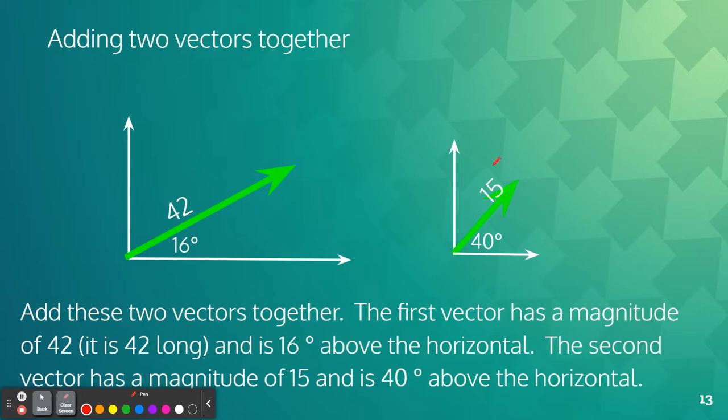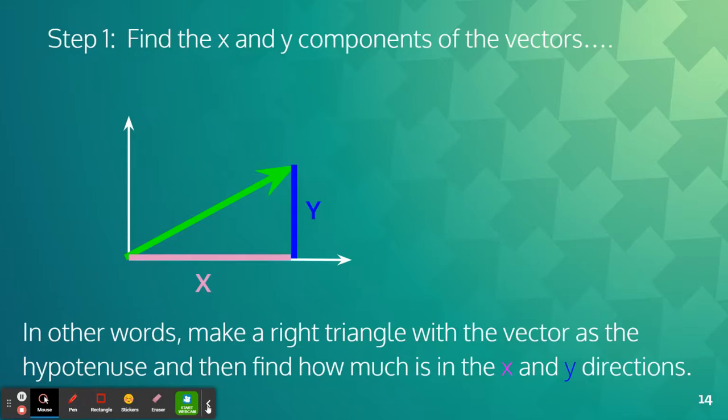And then I have this other vector over here that's 15 long, so that's the length of this arrow, at 40 degrees. The first thing that we need to do is find the x and y components of the vectors. If the whole vector is the hypotenuse, I need to figure out how much is in the x direction and how much is in the y direction.